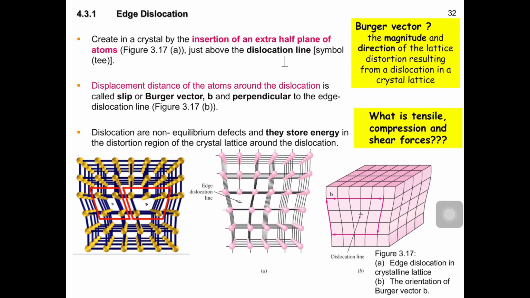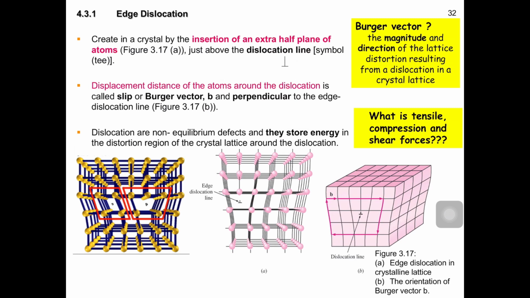We go to the first line defect, which is the edge dislocation. It occurs in a crystal by the insertion of an extra half plane of atoms.